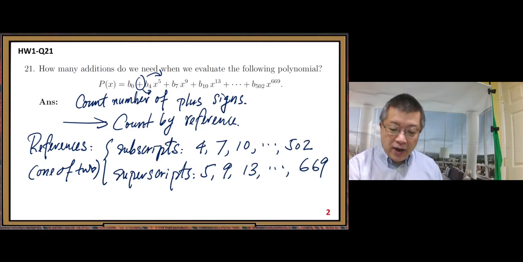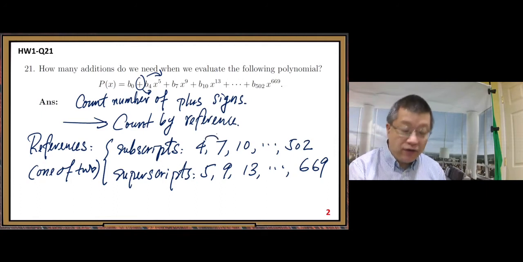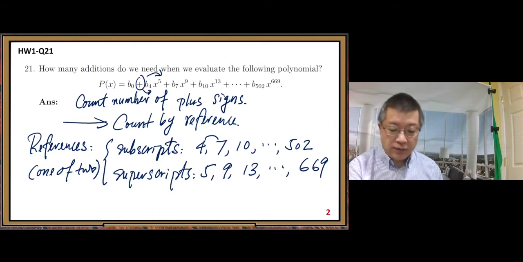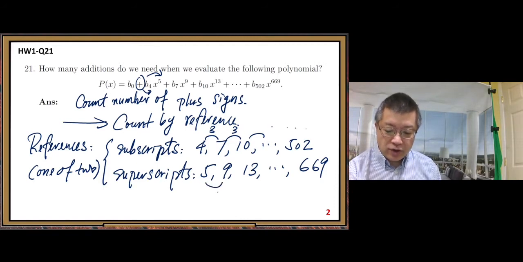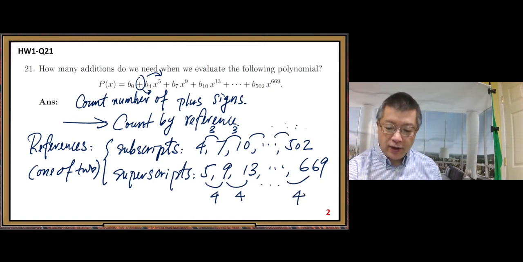For subscripts, the difference between two adjacent subscripts is 3. For superscripts, the difference between two adjacent superscripts is 4. Oh, sorry, there's 3 here.